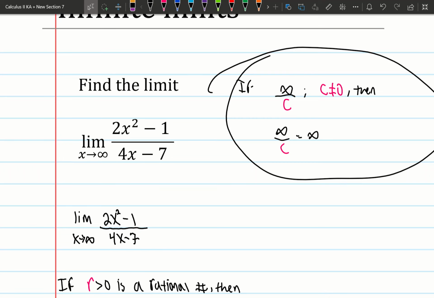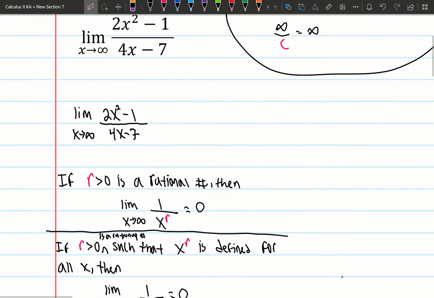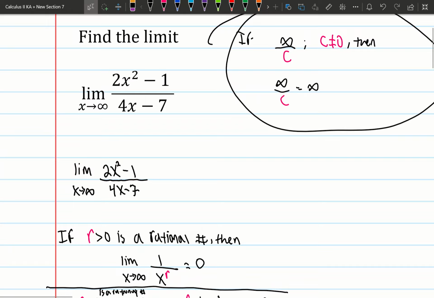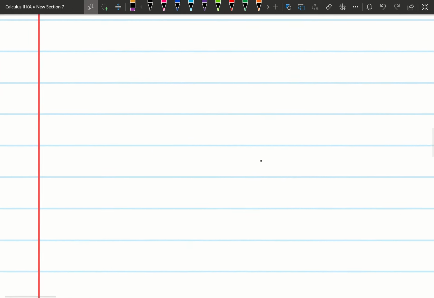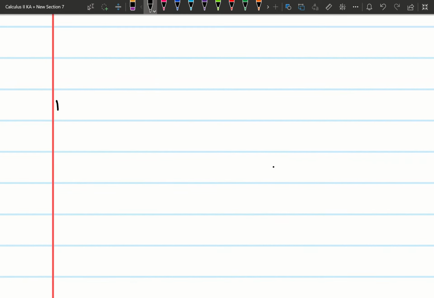And let me rewrite it over here. The limit as x approaches infinity of 2x squared minus 1 over 4x minus 7.